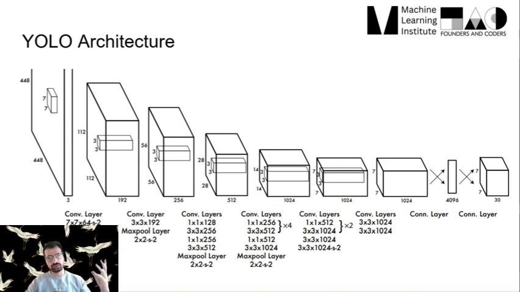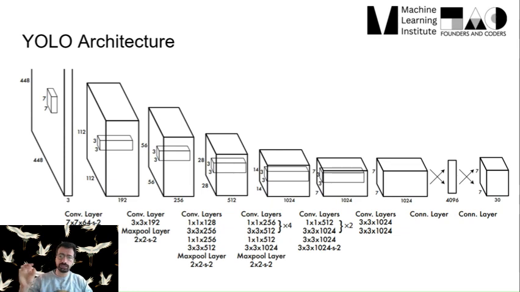You can see that we started with 448 by 448 by 3 channels, but by doing a convolution and then a max pooling layer, it went down to 112 by 112, while the depth went from 3 to 192. This progresses as we go down the network.